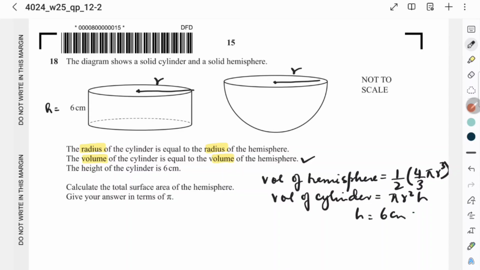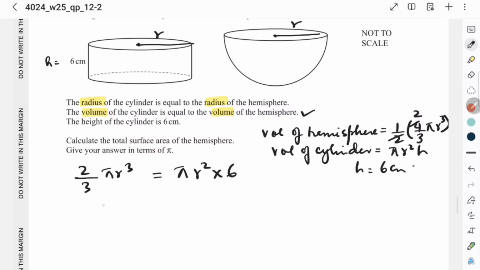Now that is equal to 2 over 3 pi r cube. So 2 over 3 pi r cube, the volume of the hemisphere, is equal to the volume of the cylinder, pi r square, and h is 6. Now just do it. 2 over 3 pi r cube is equal to pi r square h.